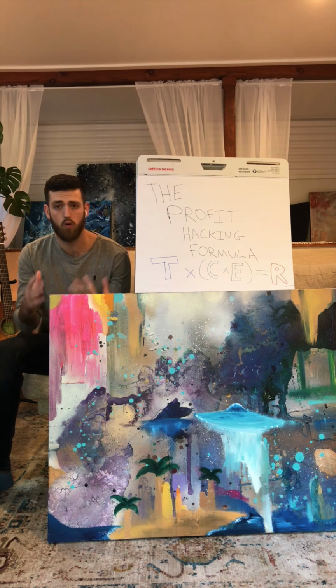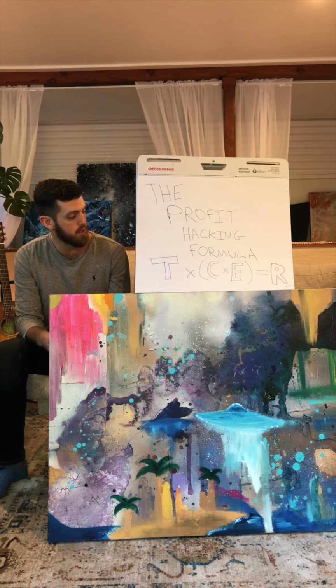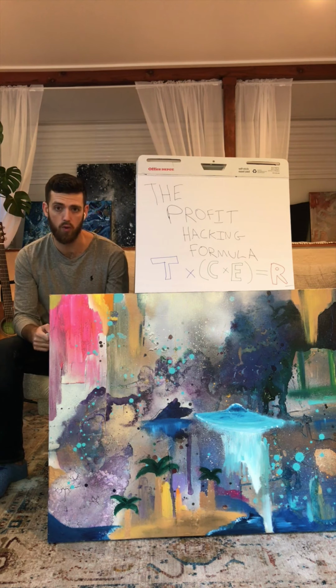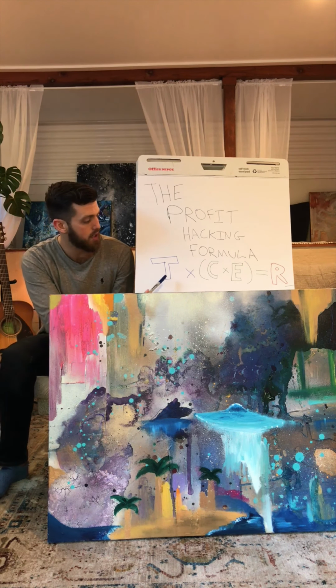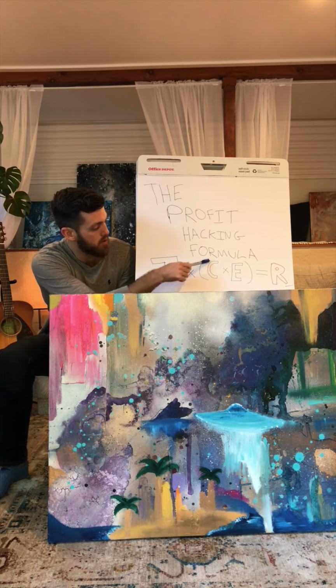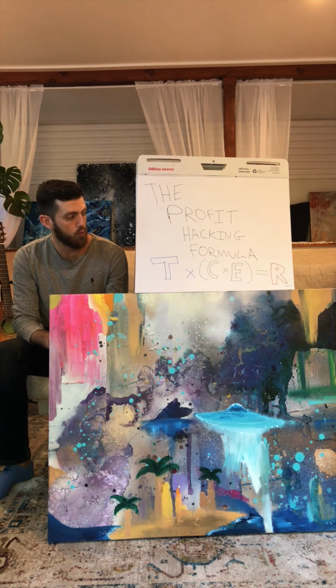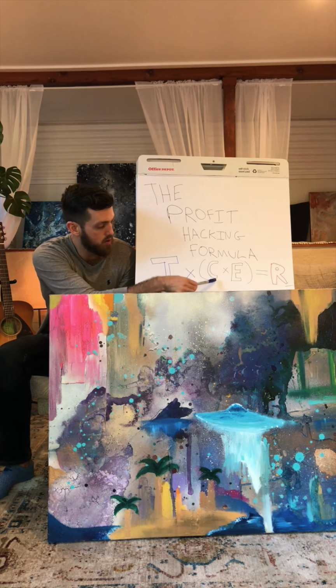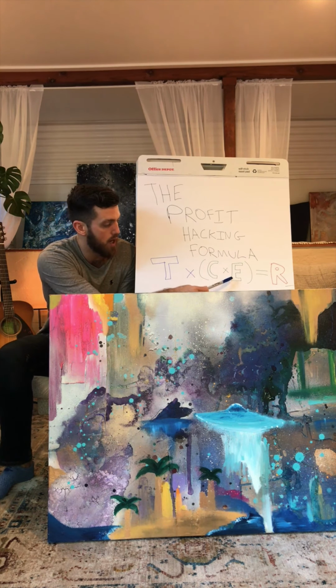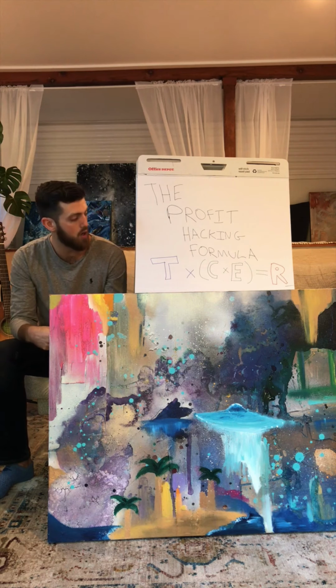So the crux of the book is built around this profit hacking formula, which is T times C times E equals R. What these mean is traffic times your conversion times your economics equals your revenue.